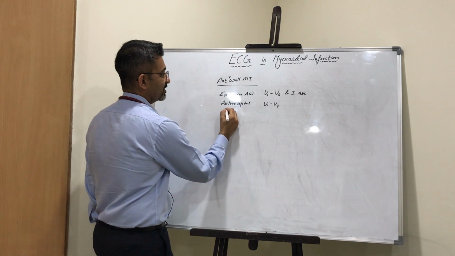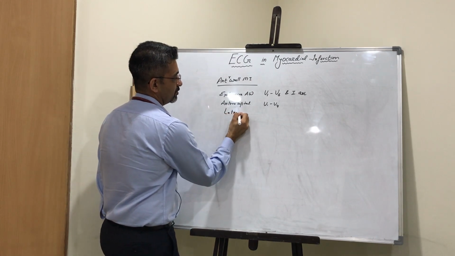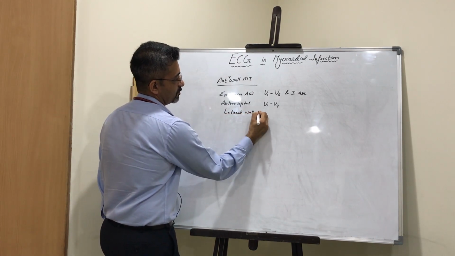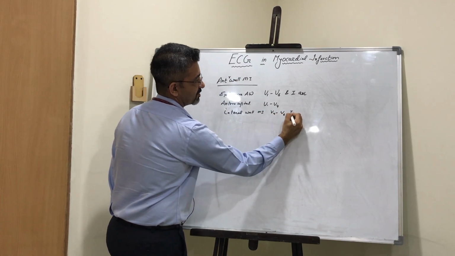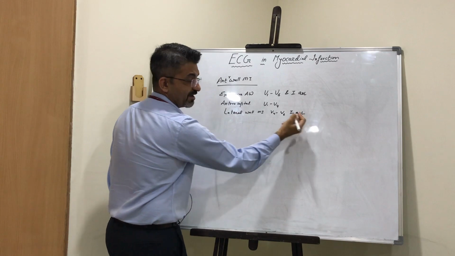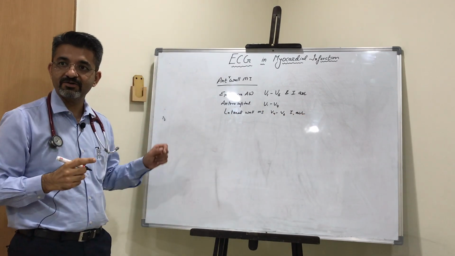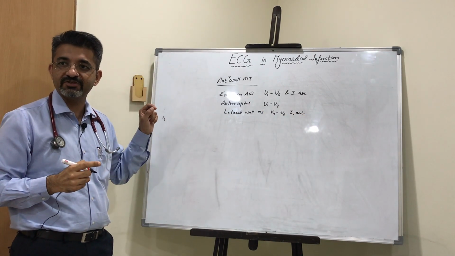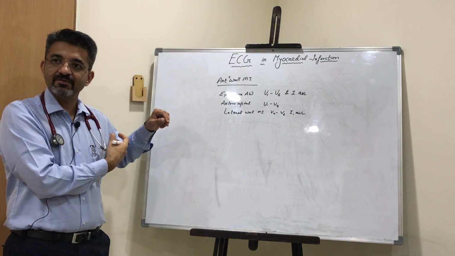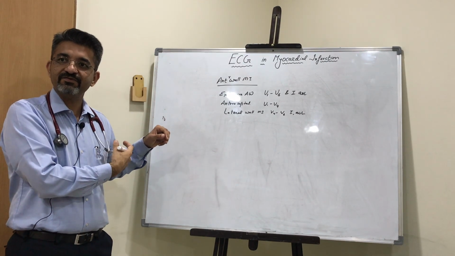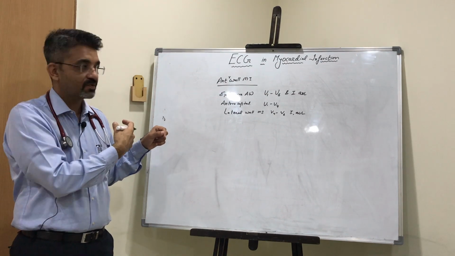In lateral wall MI, you have V4 to V6 and 1 AVL. Why 1 AVL? We have talked about this in our first lecture, where we talked about placements of leads, that 1 AVL looks at my axilla, left high free wall, right?